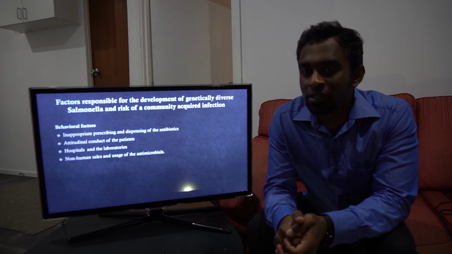And the second one is attitudinal conduct of the patient. Patient attitudes, beliefs and expectations about various aspects of their plight, their own coping capacity and the healthcare system influence the reports of pain, activities and disability and response to the treatment.